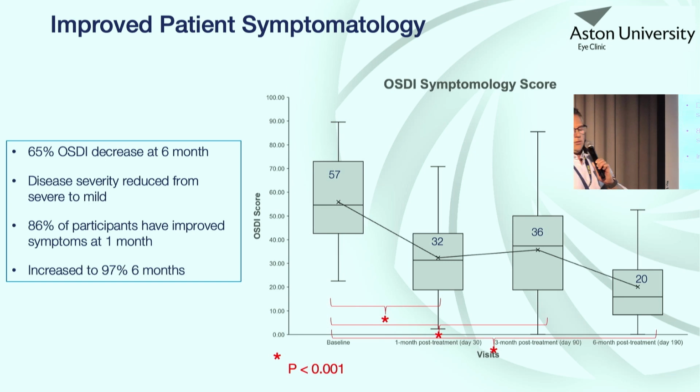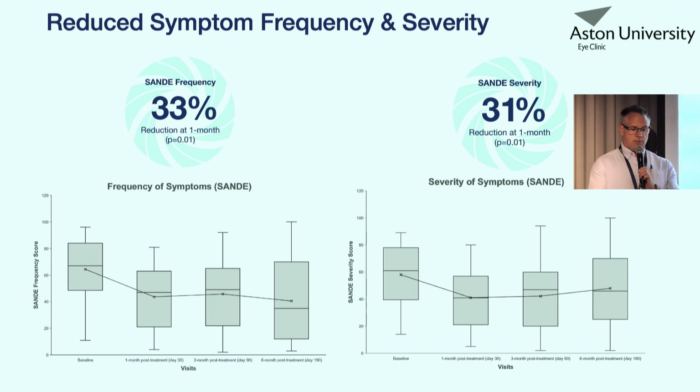So essentially you're downgrading severe dry eye, which is 57 on the OSDI, down to 20 for a minimum of 6 months. We didn't expect the effect to last so long, so we didn't actually continue following the patients, but you can see there that the OSDI was continuously going down. Similarly, patient symptom severity and frequency also decreased over the period of the study.